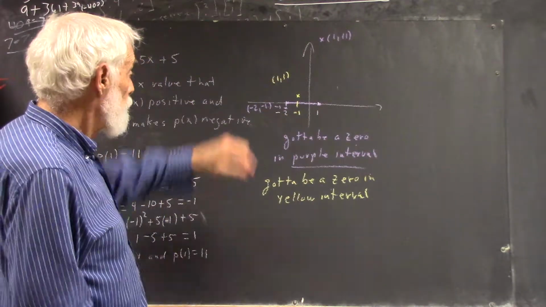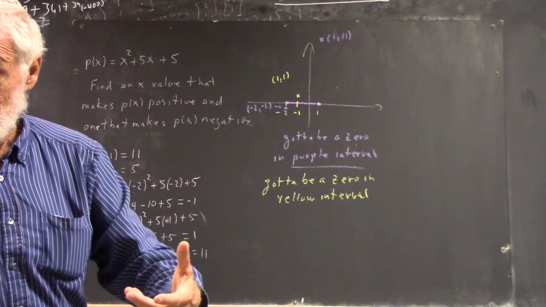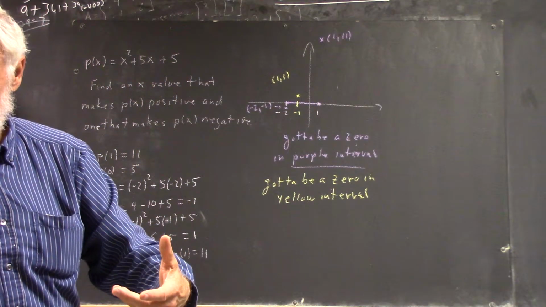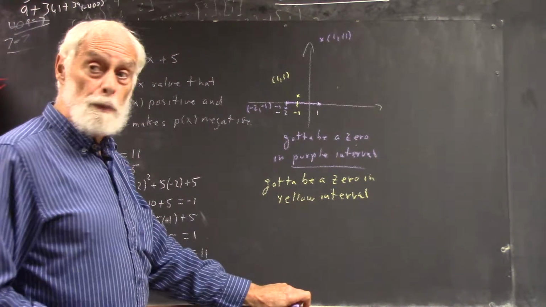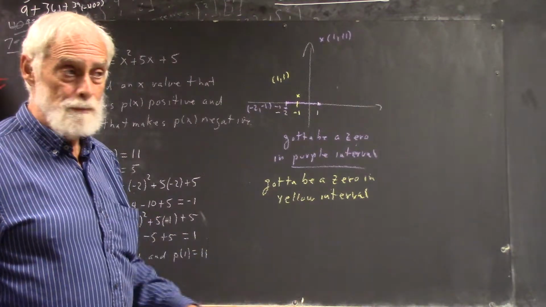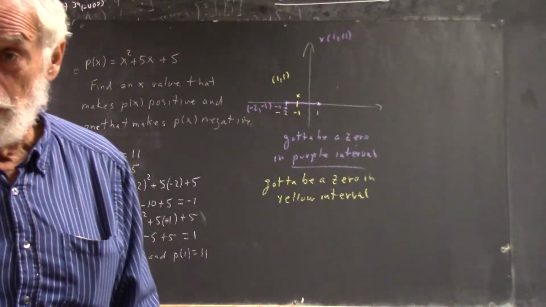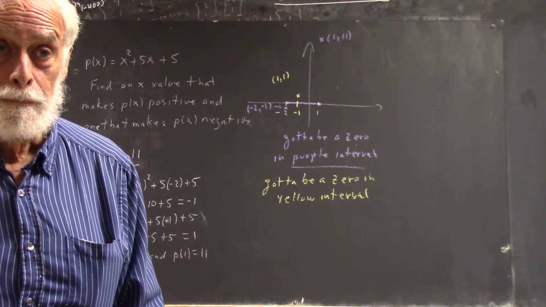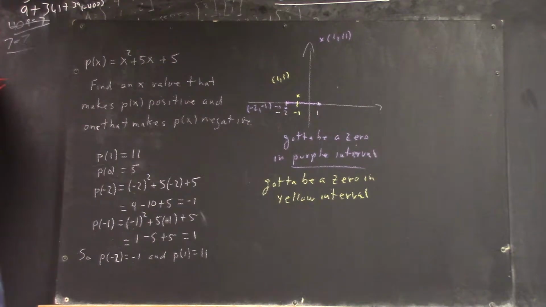Then we know which interval, either this half of the interval or this half, has the 0. Okay? Make sense? So it's a simple process. Be careful evaluating a function, but it's a simple process. Okay? And that's how you use the intermediate value theorem to estimate zeros.